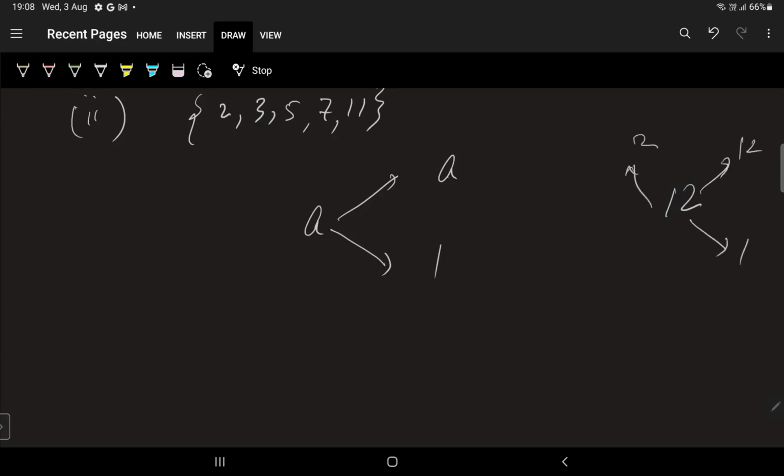But 3 can also divide 12. 4 can also divide 12. 6 can also divide 12. 2 can also divide 12. Okay, so 12 is not a prime number. Now, 1 can be divided by itself and it can be divided by 1. Then why is 1 not a prime number? It's not a prime number, right? Why is 1 not a prime number?